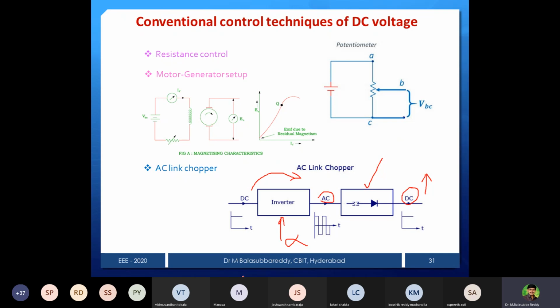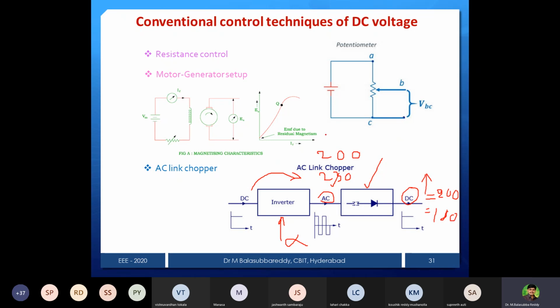Suppose alpha is equal to 0, then you will get one value of AC. Correspondingly, you will get one value of DC. Let alpha be 0, you may get 230 volts, just for example, and here you may get a DC voltage of 200 volts, assume. And at alpha equal to 30 degrees, you will get 200 volts here, and proportionately you will get 180 volts here.